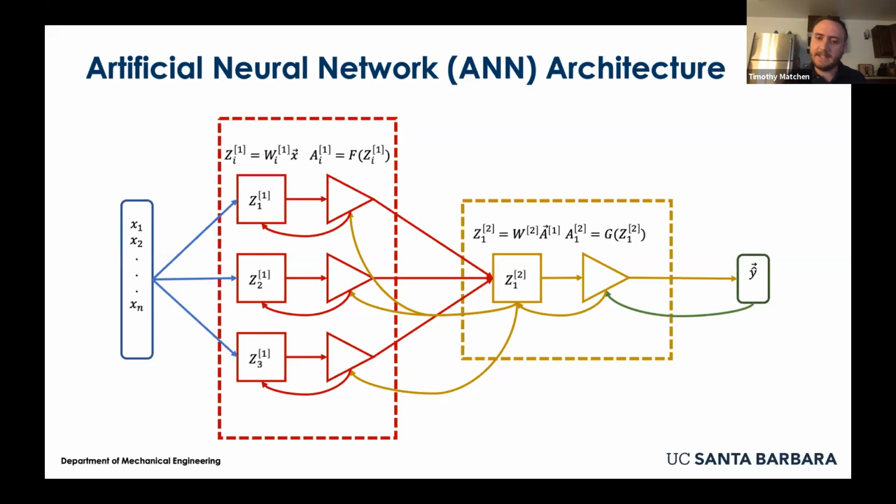And then to actually train the network, we do a back propagation where we exploit the chain rule to update the weights of all of the matrices in our hidden layers and in our output layer. So we update those weights and biases to find the ones that best fit the output data to the input data.